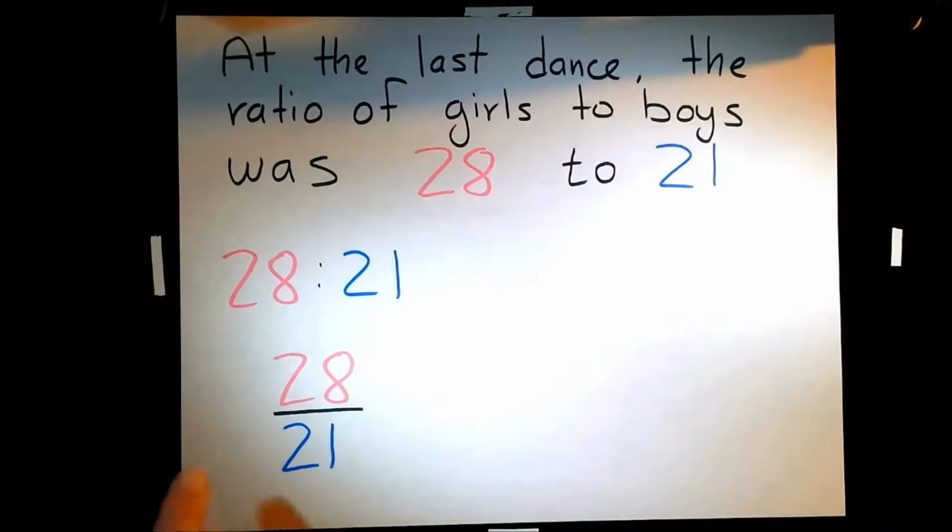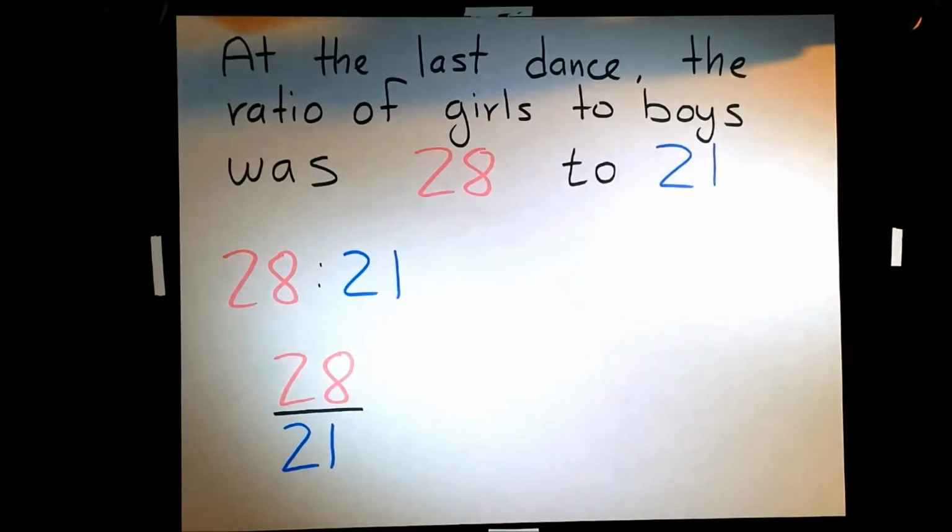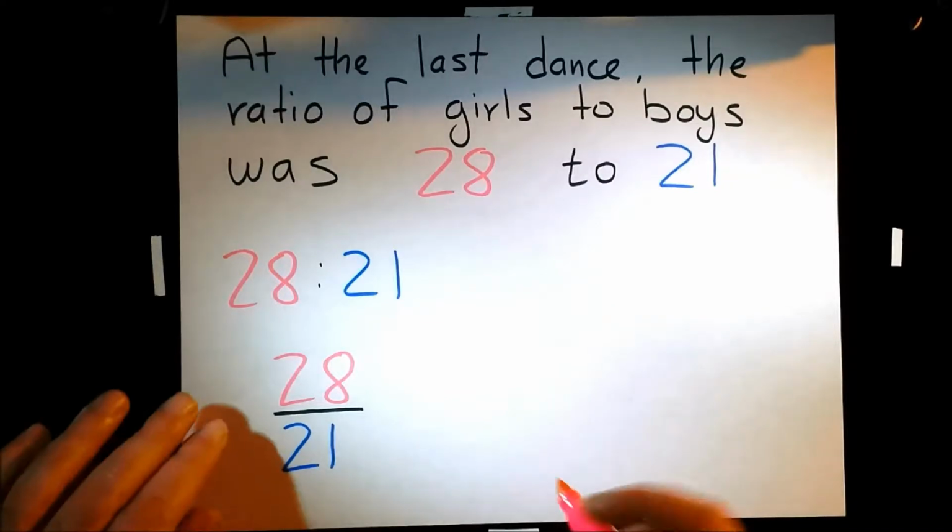Now, can someone tell me, how can I write 28 other than 28? What times what can give me 28? We could have said several things: 2 times 14, or maybe 4 times 7. I'm going to stick with 4 times 7, and you'll see why in just a second.